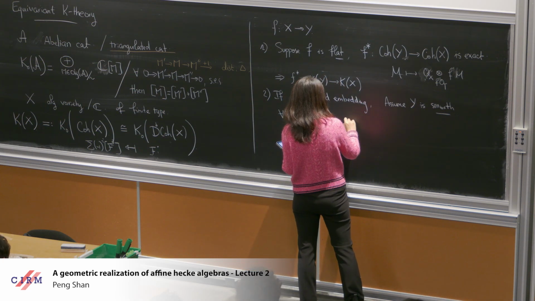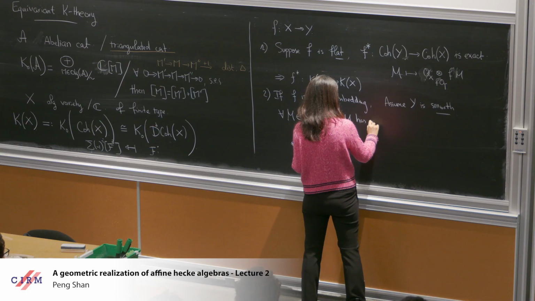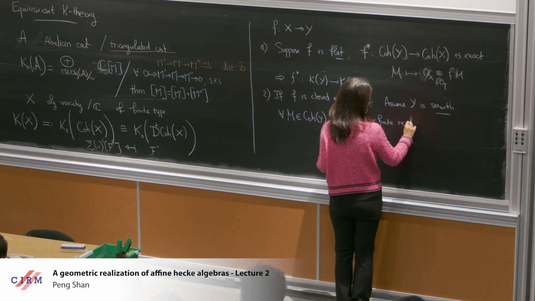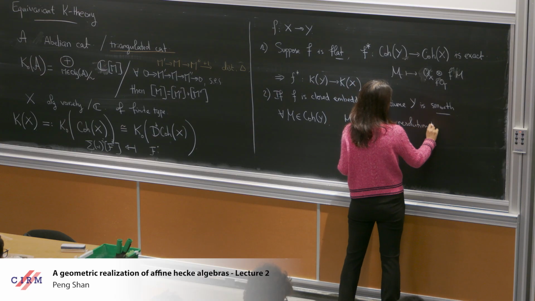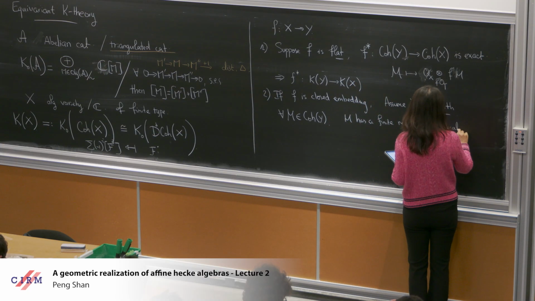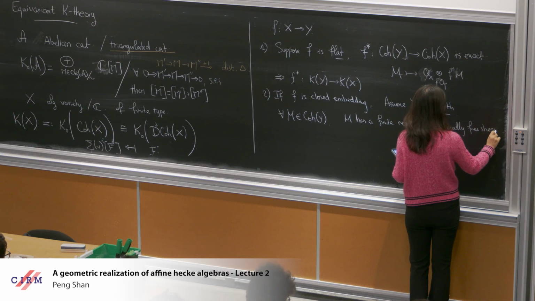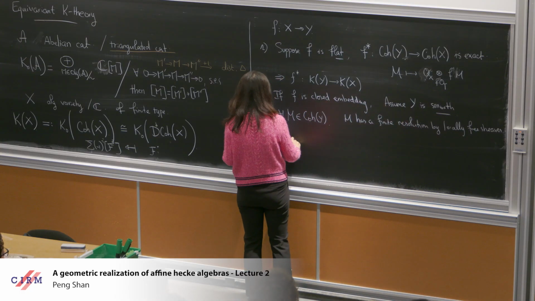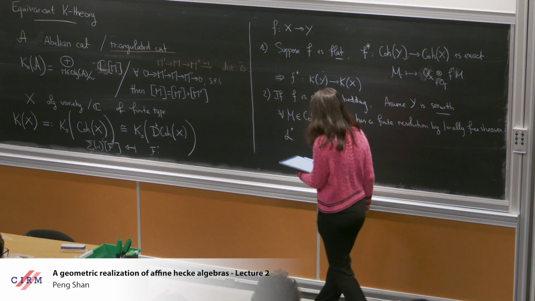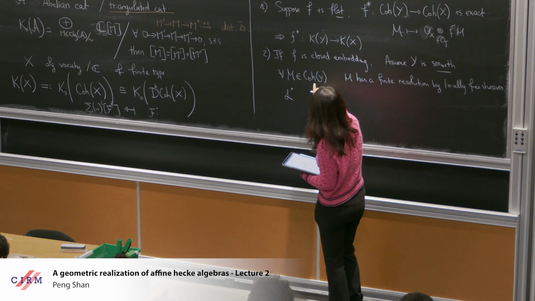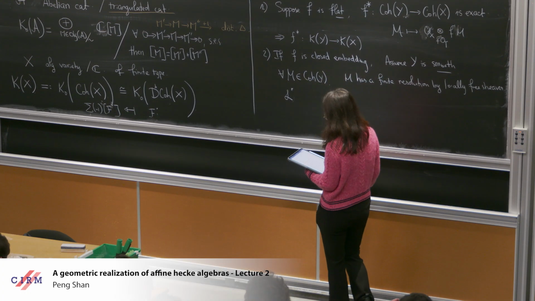So M has a finite resolution by locally free sheaves. Let's say such a resolution I'll denote by L^•, and this means if you view it as an object in the derived category, it's the same object.